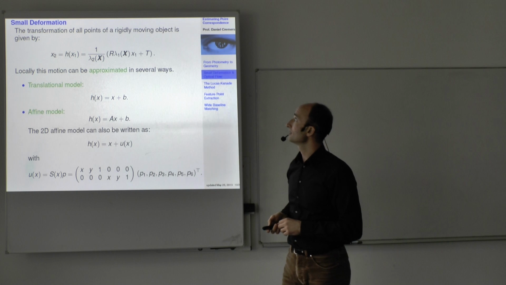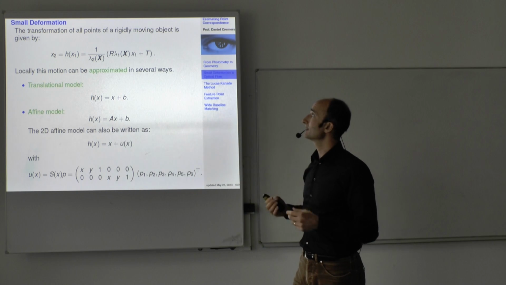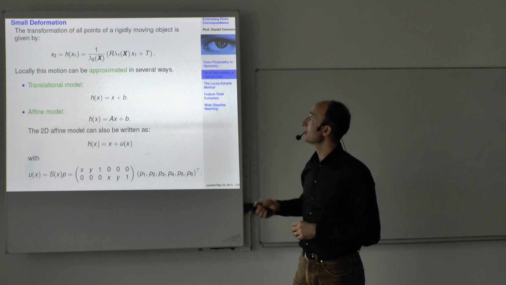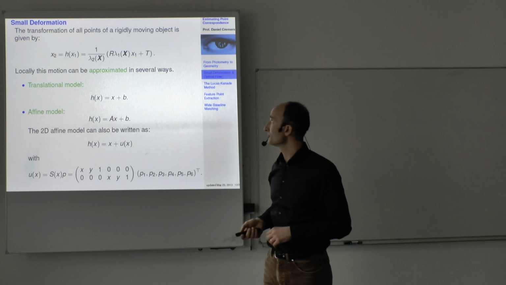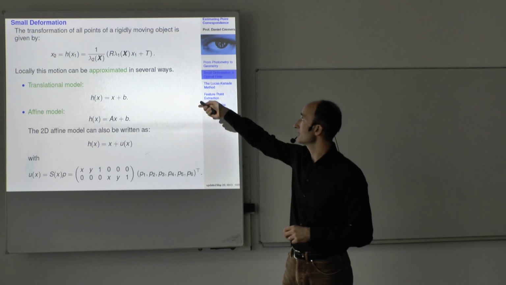Here's the small deformation case. As I said, we assume the scene is static, the camera is moving, and so any point in the plane is going to move according to a rigid body transformation.